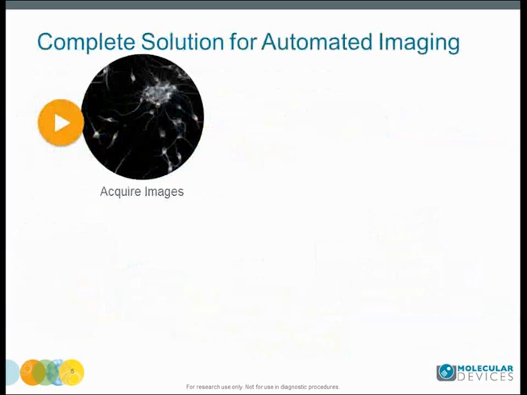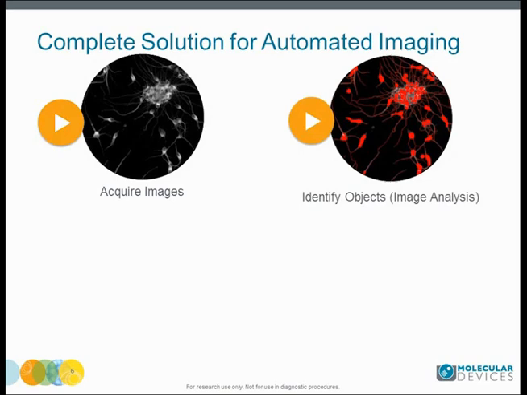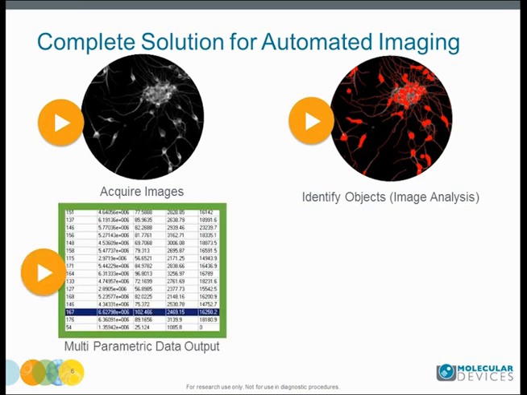The complete solution for imaging starts with acquiring your images. And for 3D data, you will be acquiring Z stacks of data. That data will be acquired in Z. You want to identify objects. You want to do that image analysis, which Steve Luke will be showing you some examples of. And you want to do that in 3D space, not just 2D. You want to turn those images, whether they're 2D or 3D, into multi-parametric data output.